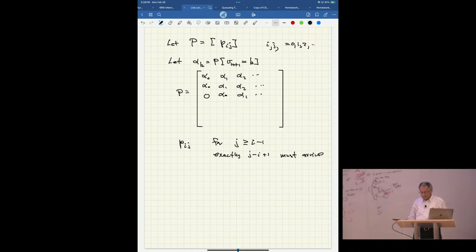In other words, last guy left behind I. So there's that many there, right? So how many must come in? More. So some come in, but take away the I. And one more because one guy left. So put some numbers. Suppose I is 4 and j is 10. What must have happened?